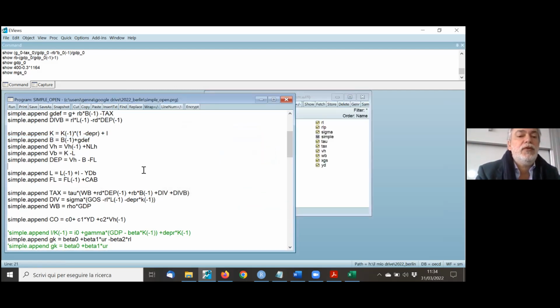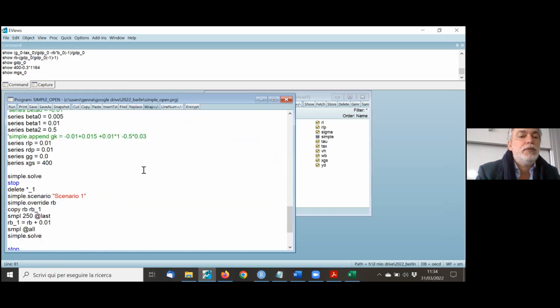FL is not defined. Let's put this at 0 to begin with. We need the interest rate on foreign bonds. Let's put this also at 0 to begin with.